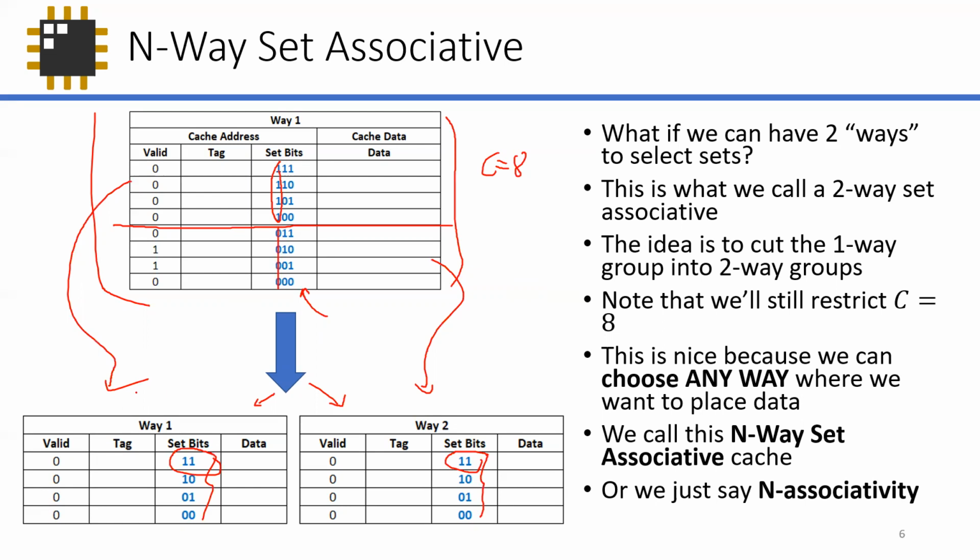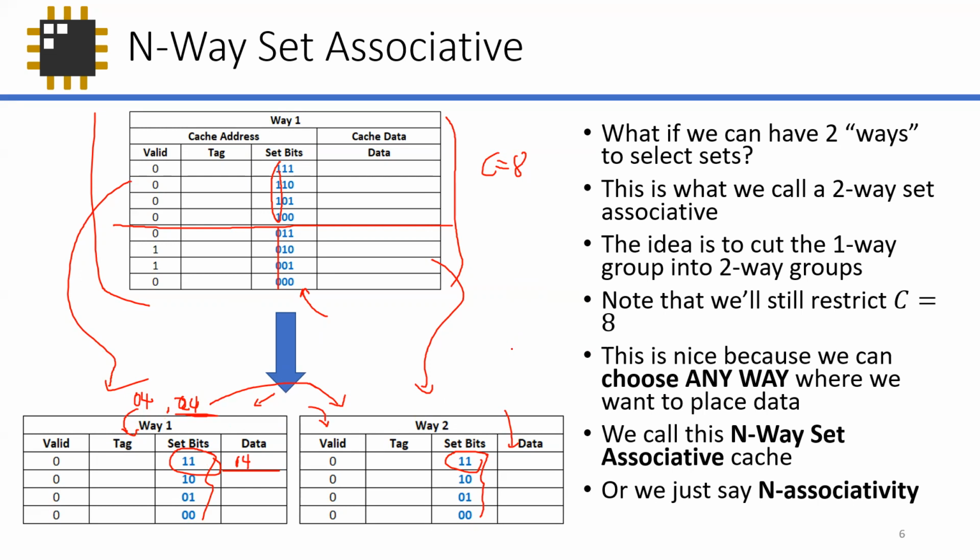So let's say in the example of 04 and 24 again, we can put 04 here or in way 2, does it matter? Then if 04 is placed over here, and we try to access 24, we don't have to replace 04. We will write 24 in way 2 instead. I'll show it to you in a bit again.